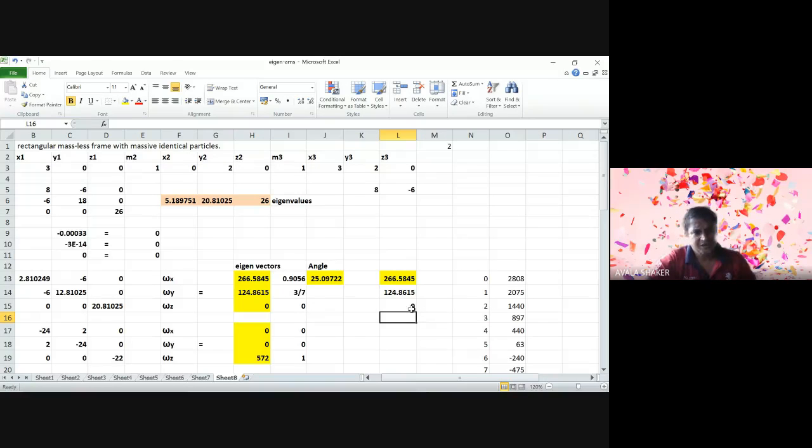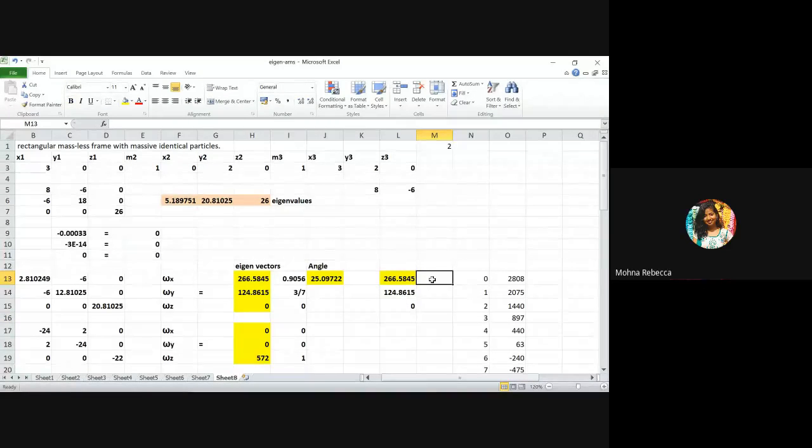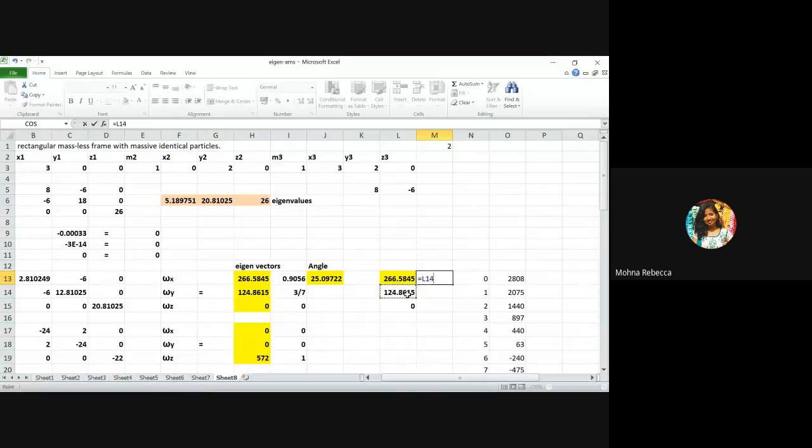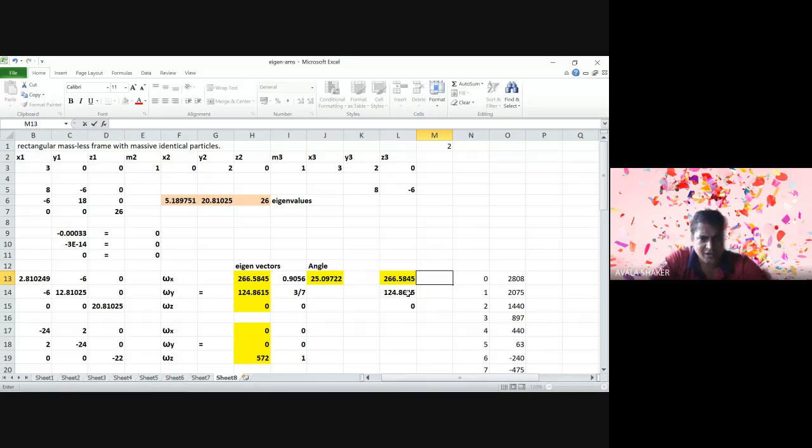The other important thing which we need to calculate is the angle. Sir, can you show the second element's formula again? Yes, this one.